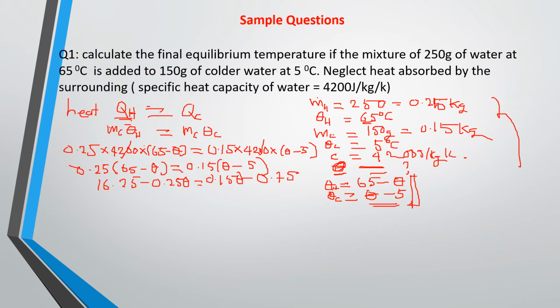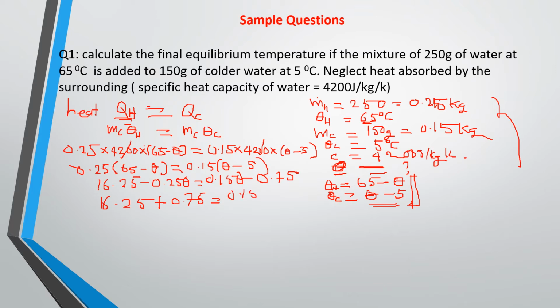We'll take like terms, collect like terms to two different sides, so that you have 16.25 plus 0.75 equals 0.15 theta plus 0.25 theta.